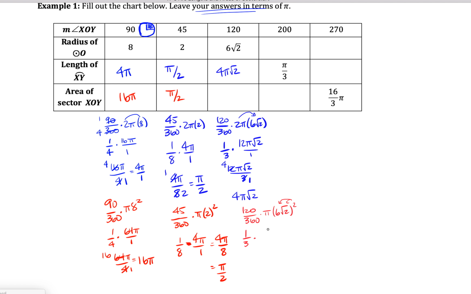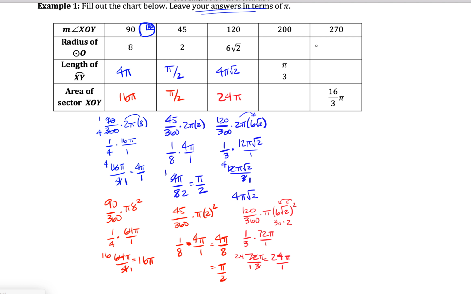So this turns into 6 squared is 36, square root 2 squared is 2. So this will be 72 pi over 1. So now I have 72 pi over 3 when I multiply those together. Divide top and bottom by 3, and I end up with 24 pi over 1, or just 24 pi.